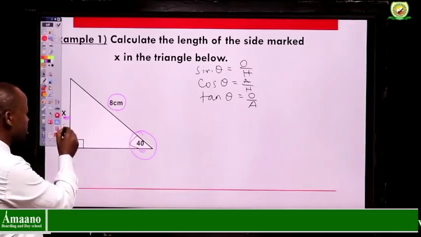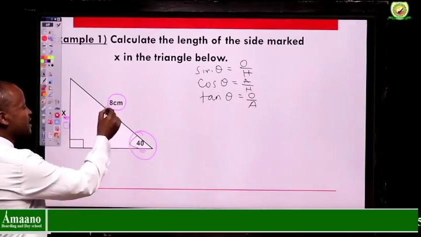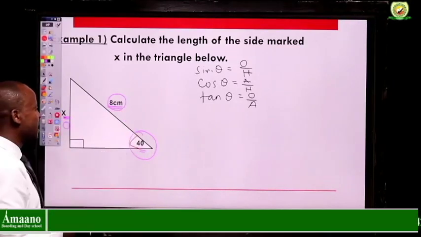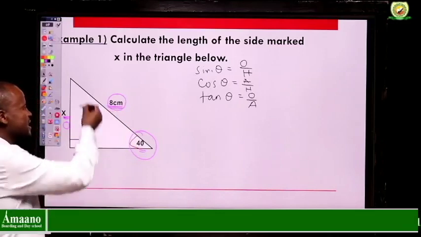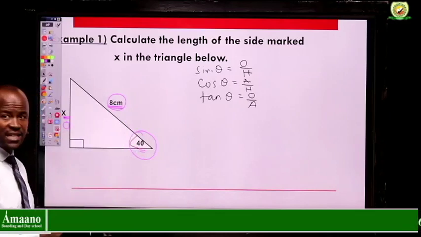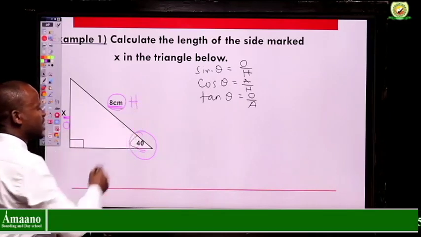It is opposite. So this side is opposite to the 40 degree angle, and the side given as 8 centimeters is the hypotenuse, the longest side, opposite to the right angle. So it is H, the hypotenuse.